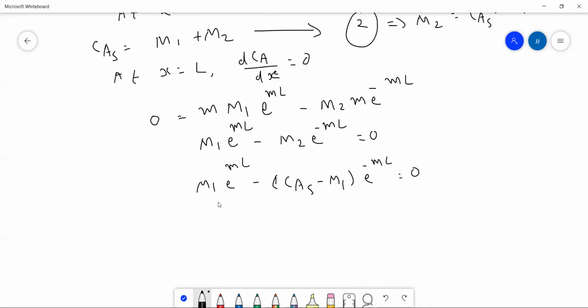So if you solve for m1, then you will get m1 is equal to CAS e raised to minus ml divided by e raised to ml plus e raised to minus ml.